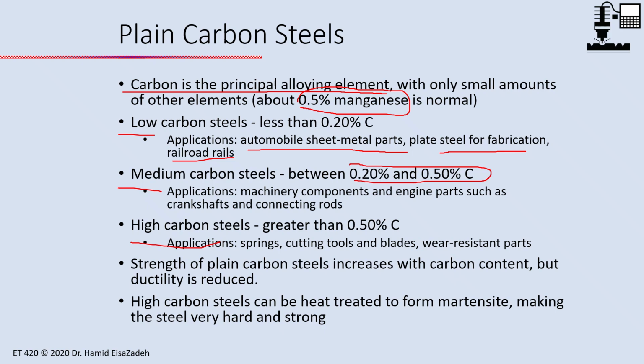High carbon steel and medium carbon steel can be heat treated, which means they can be harder if you do heat treatment. In heat treatment you can form martensite. Martensite is a hard material, so you can increase the strength. The applications can be springs, cutting tools, blades, and wear resistant parts.